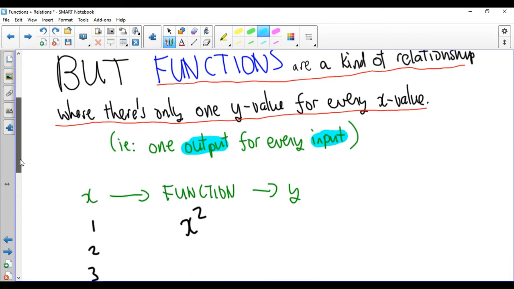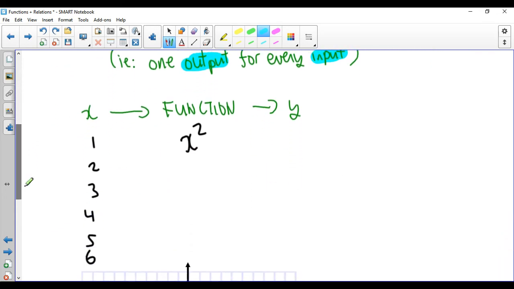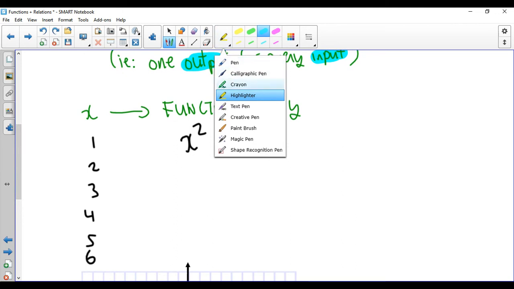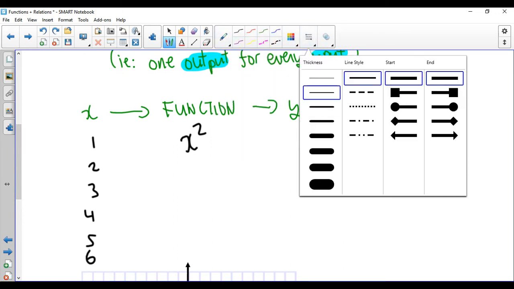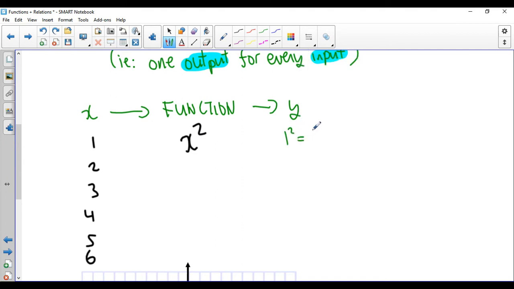So for example, if we look at the one we just did, if these are all my inputs, the function is x squared. So what are my outputs? Well, what's 1 squared? It's just 1. 2 squared, which is 4. 3 squared, which is 9. 4 squared, which is 16. 5 squared, which is 25.